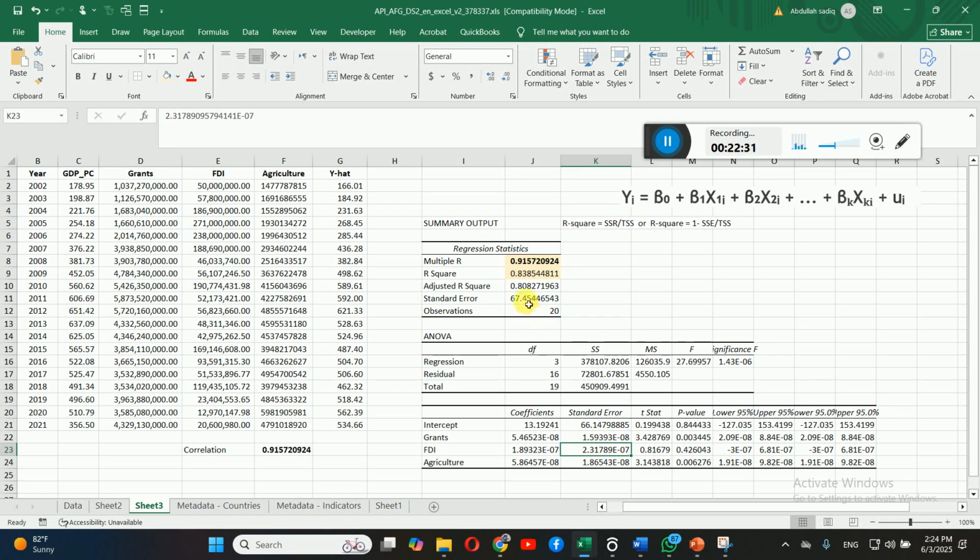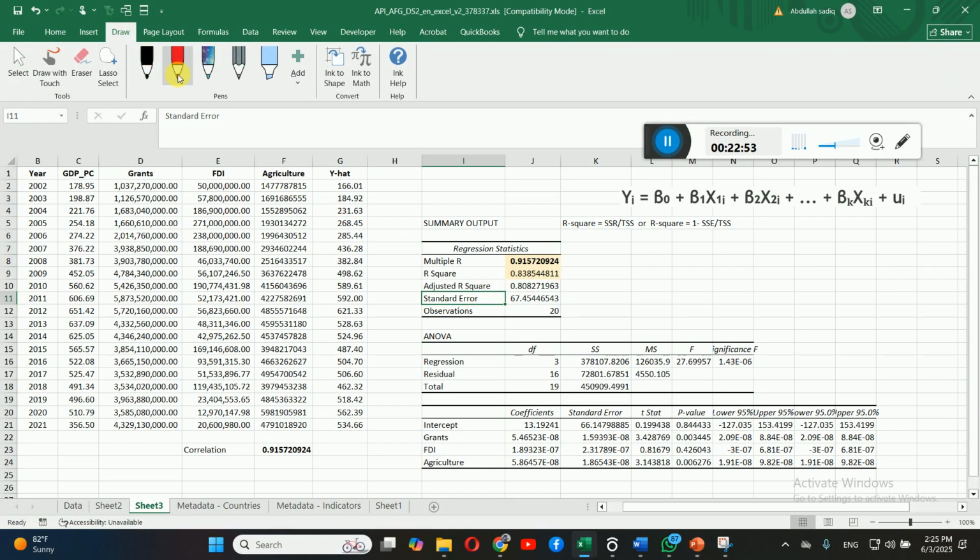I'm first explaining what the standard error of the residual is. Dear students, I keep talking about residuals and error, which are the same; both of these terms are the same, residual error. Now I'm explaining what the standard error is. Once again, this can only be helpful through graphs, so I'm drawing a graph here.